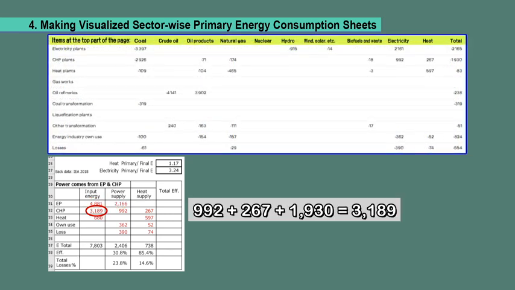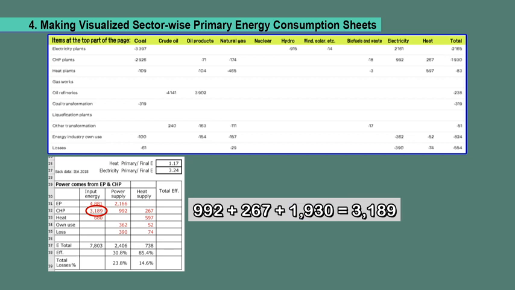Next is CHP's input energy, which is 992 plus 267 plus 1,930. Look at IEA's table. Electricity from CHP is 992. The value of heat is 267. And losses in conversion are 1,930.